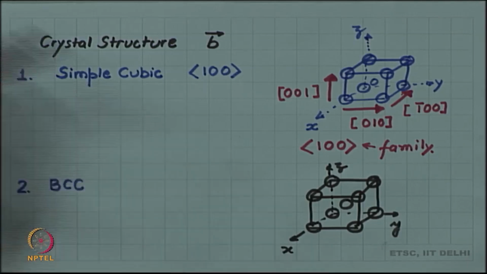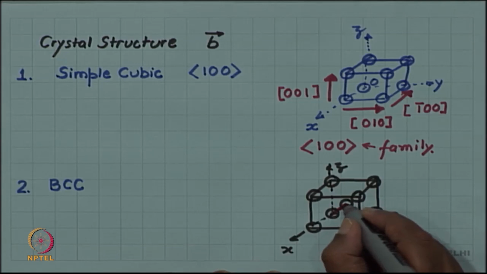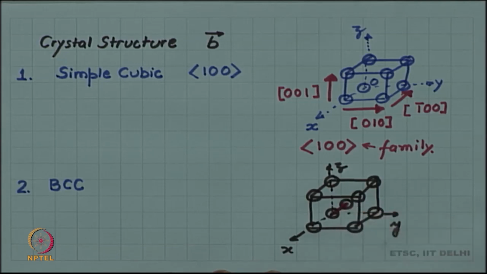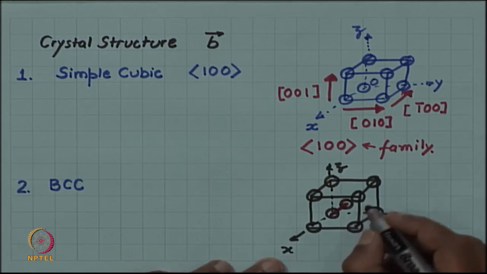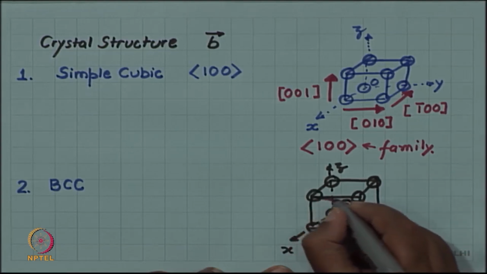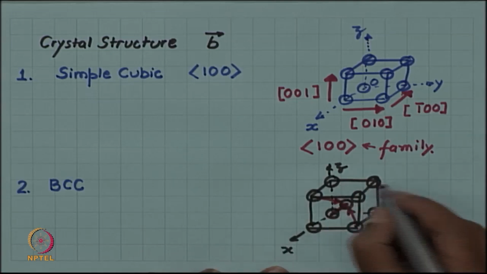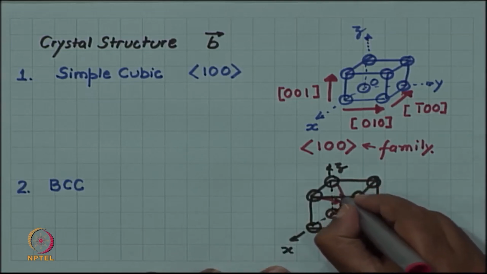Now, in this case the shortest distance between the lattice points is actually along the body diagonal. So, half the body diagonal becomes the shortest distance. So, any of these vectors from any corner to the nearby body center is a possible Burgers vector.